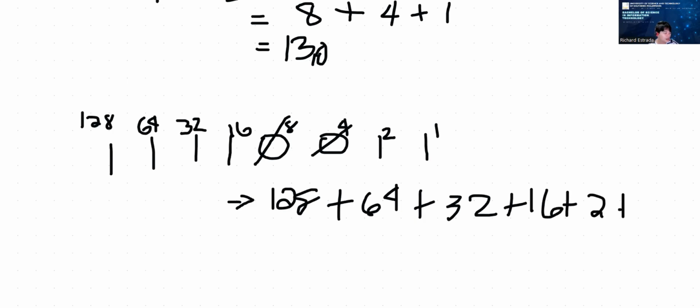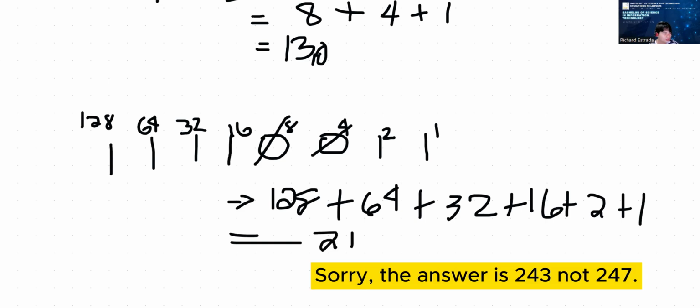So that is what you add. 128 plus 64 plus 32 plus 16 plus 3, that's 243 base 10. Okay? Let's say, for example, another example.